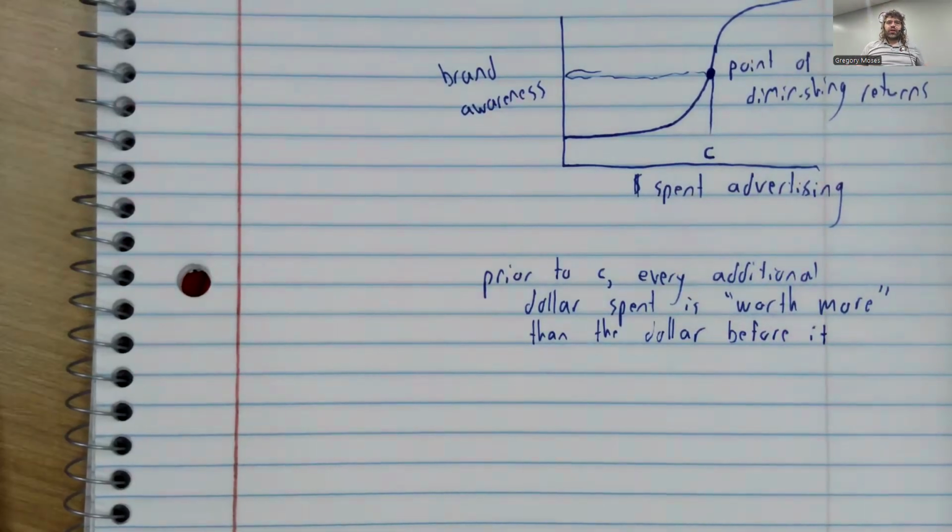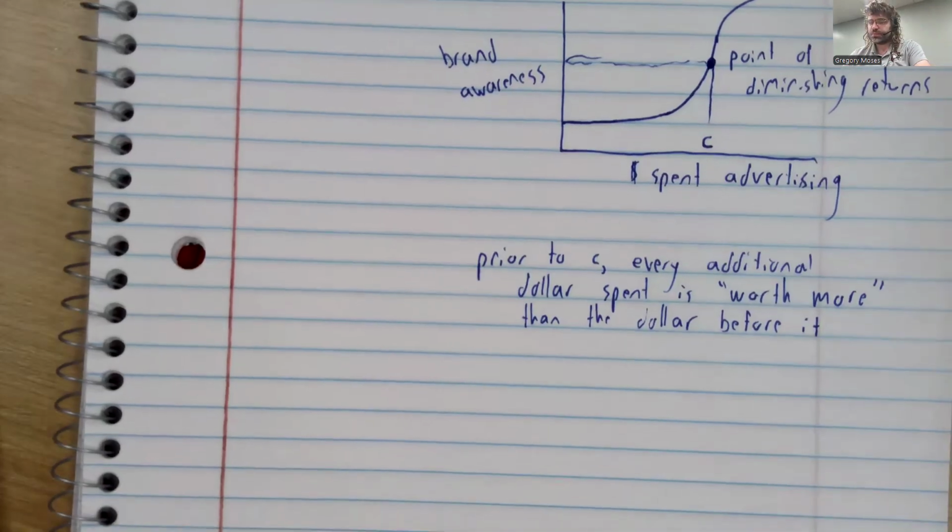I mean, a little informal, but I hope I'm getting my point across. There might not be a huge difference between $1,001 versus $1,000, but the 1,001st dollar is improving your brand awareness more than the $1,000 did.